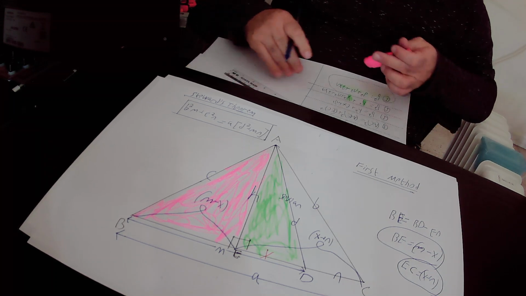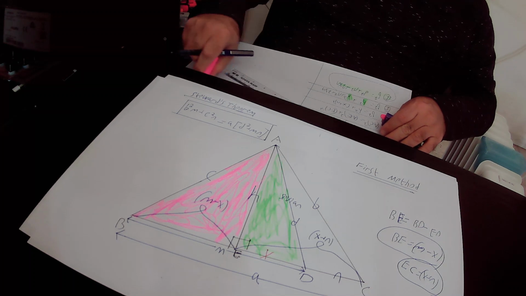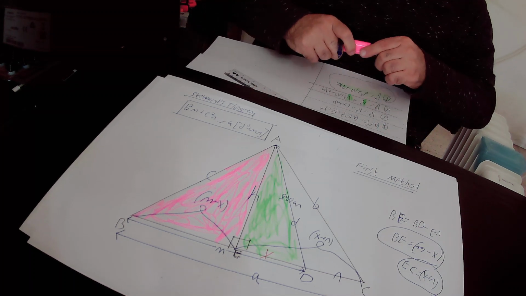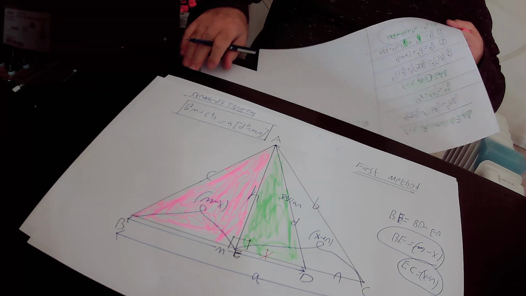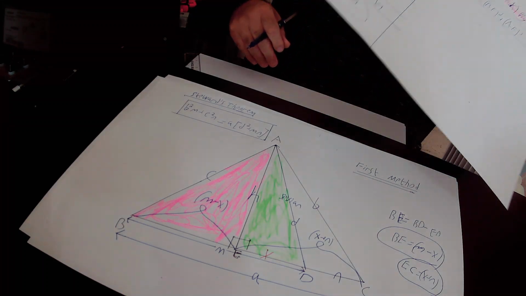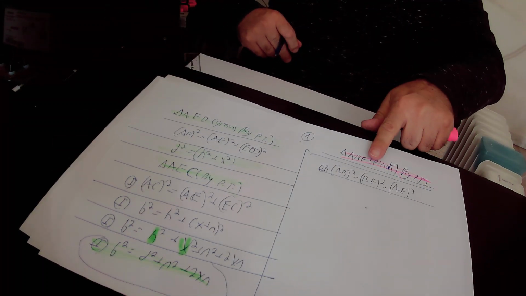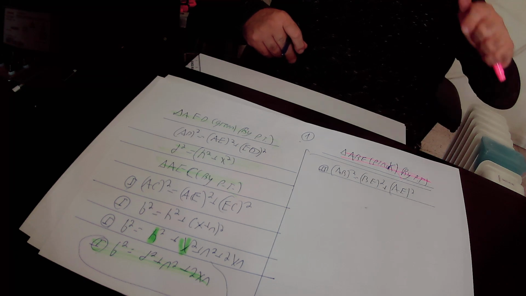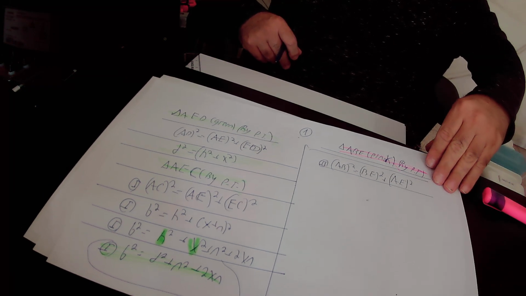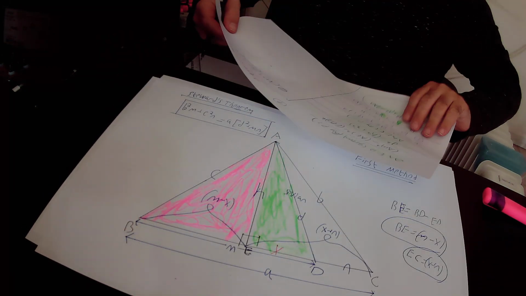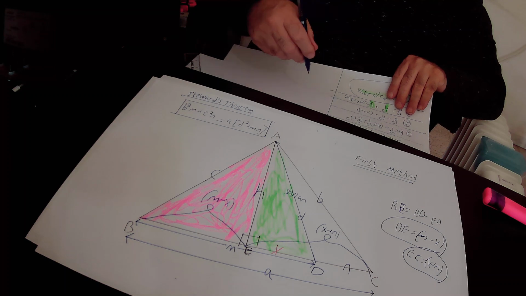In the right pink triangle ABE, according to the Pythagoras theorem, AB squared equals to BE squared plus AE squared.